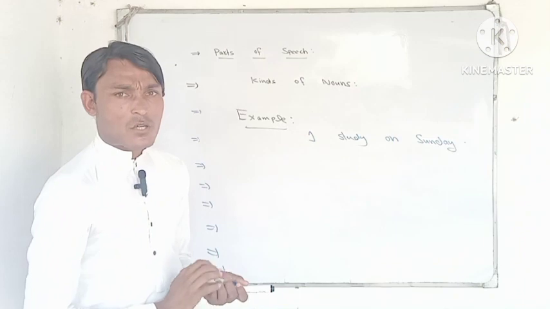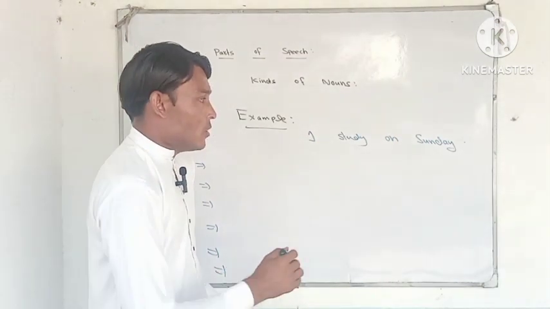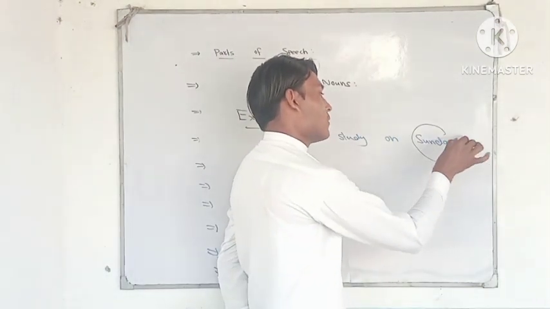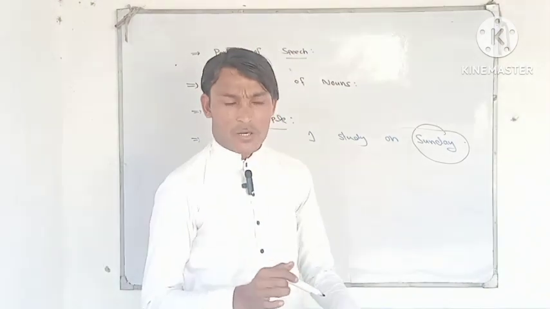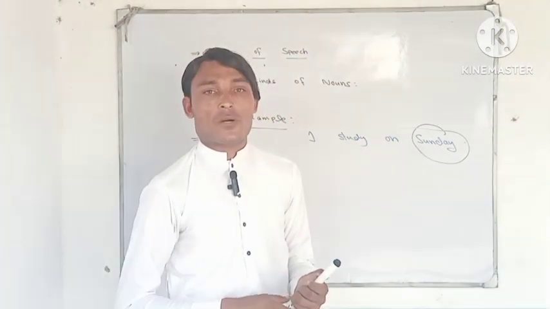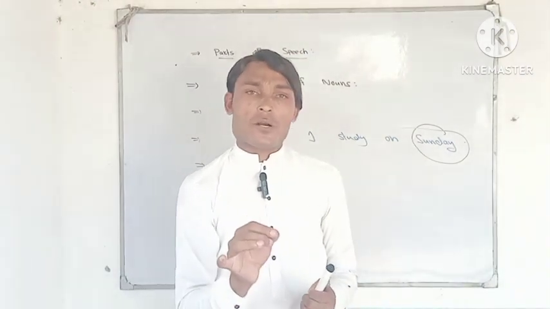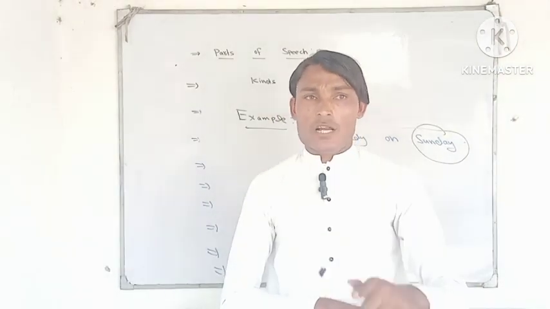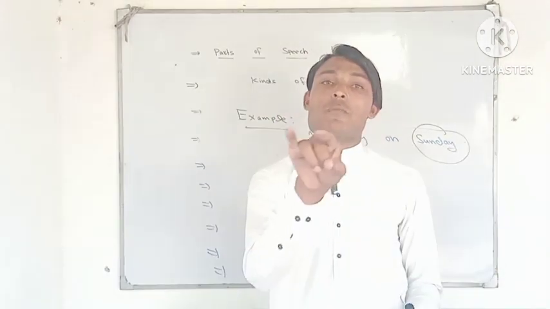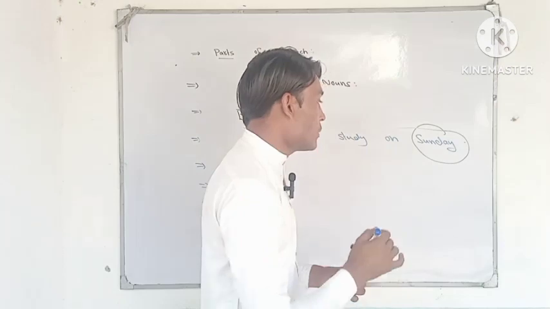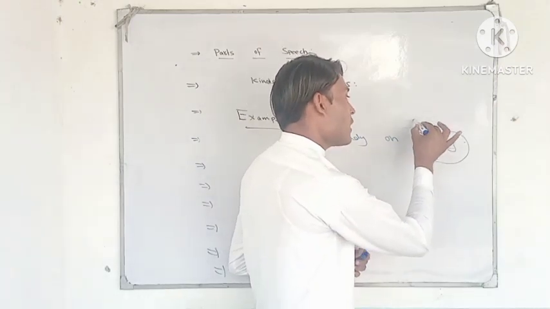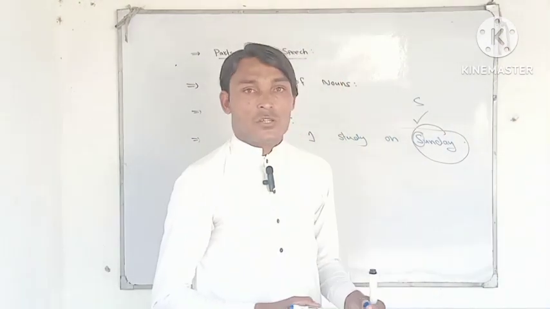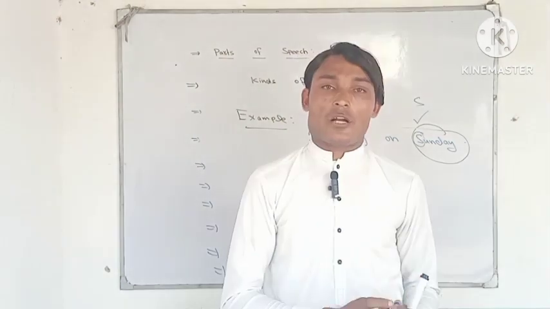Just look at the example here. Sunday is what kind of noun? It's a proper noun. And the rule is that when a proper noun comes at the beginning, middle or end of the sentence, it must be written with a capital letter. So this S must be written capital. If you write this S small, it will be considered incorrect.